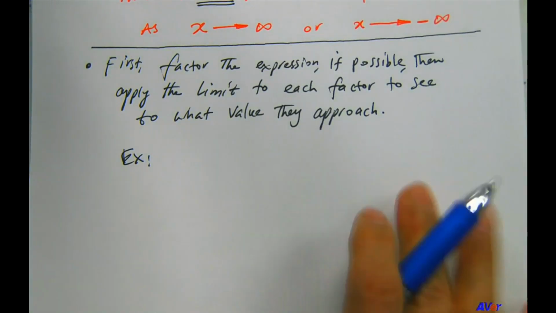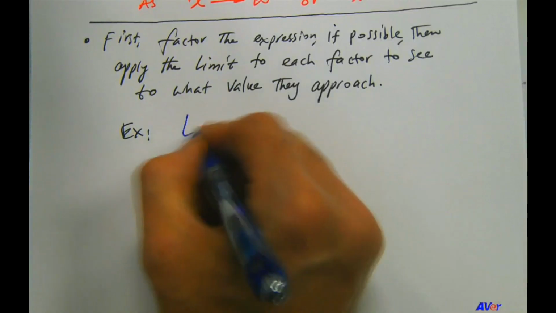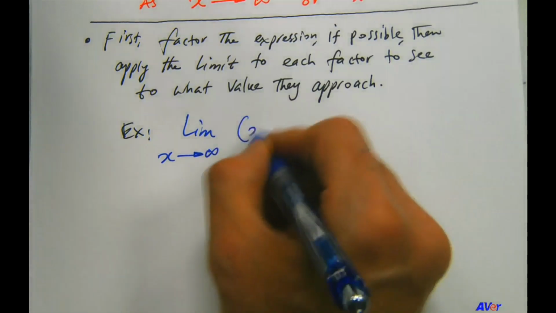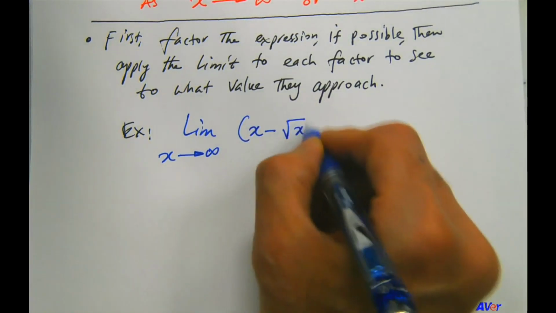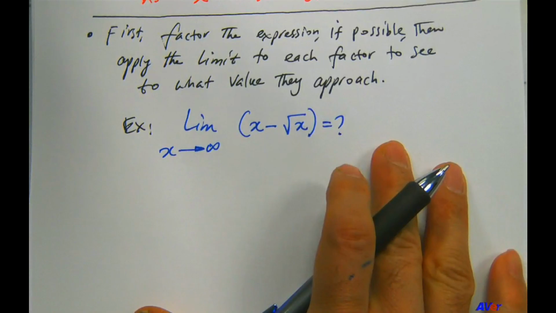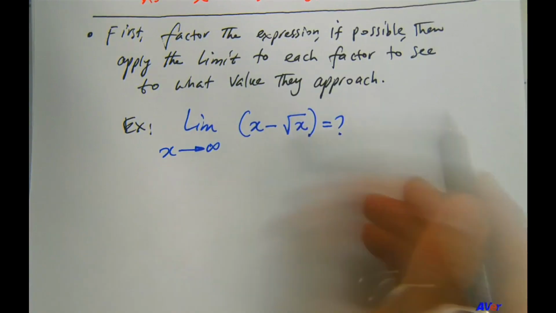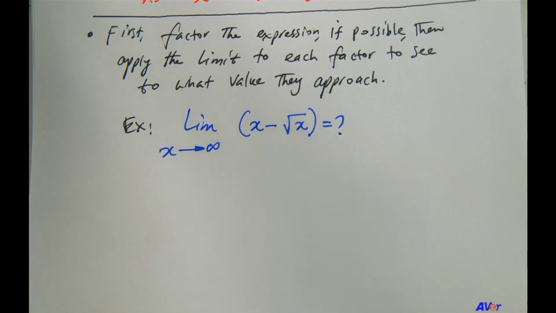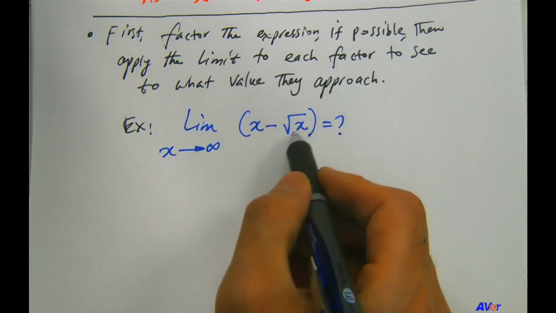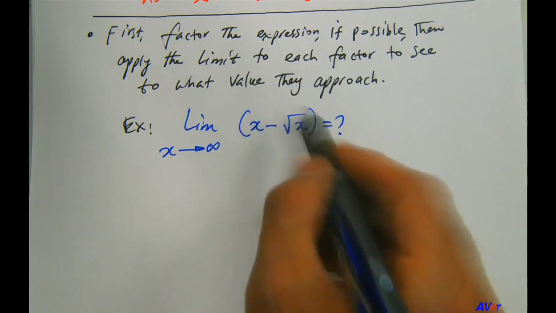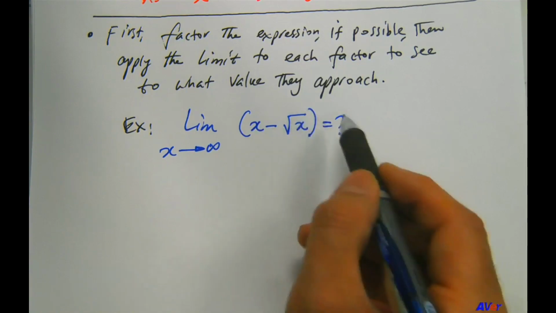So suppose we want to find the limit as x approaches infinity of this expression. Okay, can we factor this? Absolutely we can. In this case, we can factor out the lowest power of x. This x has power 1, this one has power 1/2, right?